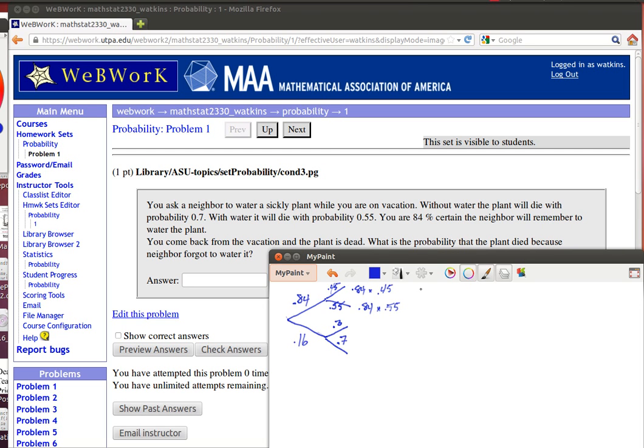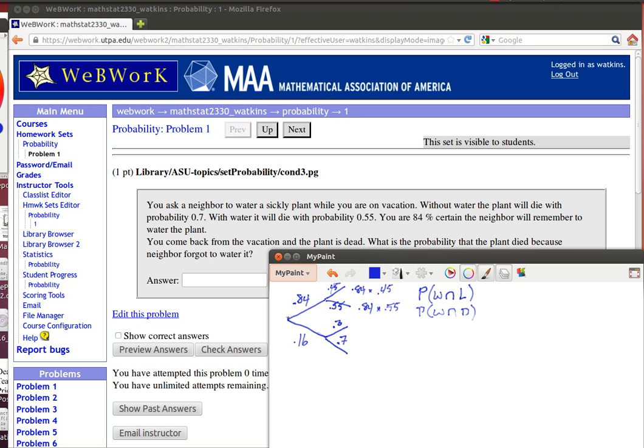So those are sometimes written like this: the probability that it gets watered and, that's the intersection symbol in mathematics, and it lives. Okay, that's this first choice. The second choice is the probability that it gets watered and it dies.